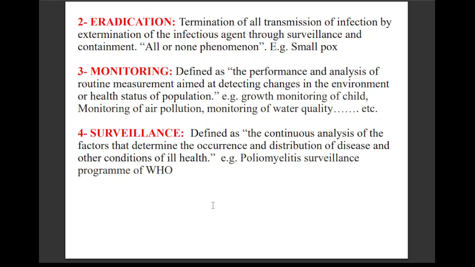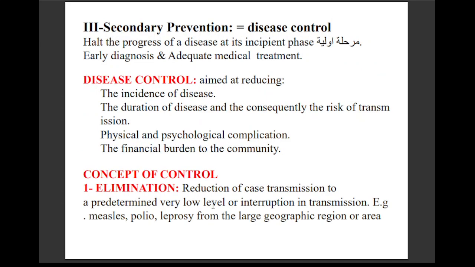Next is eradication. As examples of elimination, we can see measles, polio, and leprosy. They can be considered eliminated from a particular geographical area, say from a particular country or a particular continent. So measles and polio, we can say, have been eliminated.